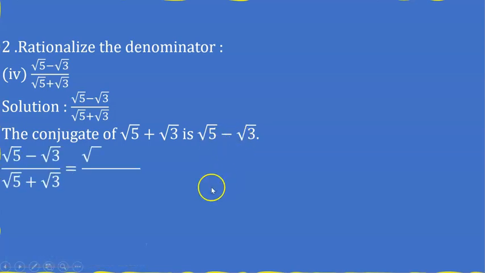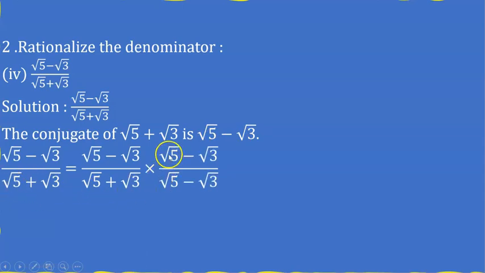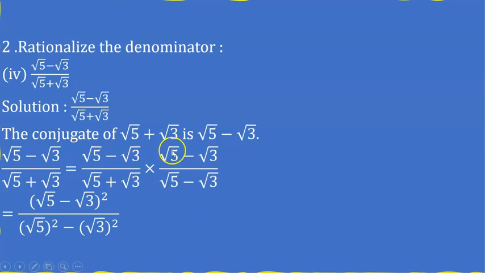Now multiply the conjugate of root 5 plus root 3, which is root 5 minus root 3, to the numerator and the denominator. Next multiplication here you will get root 5 minus root 3 into root 5 minus root 3, means root 5 minus root 3 bracket square, and to the denominator, again root 5 bracket square minus root 3 bracket square.